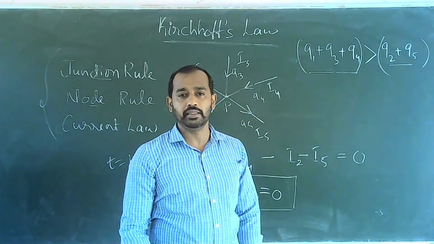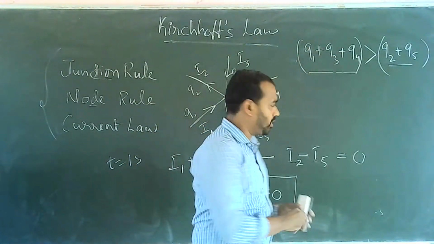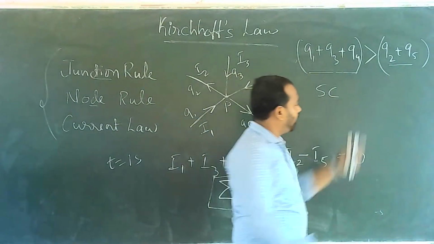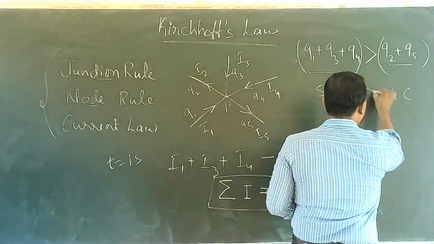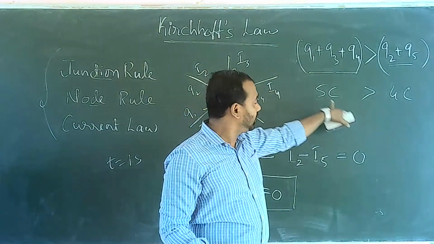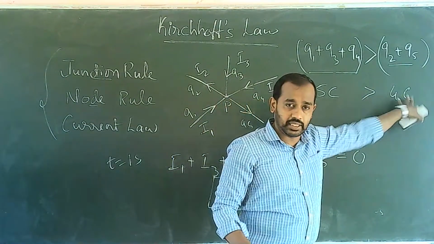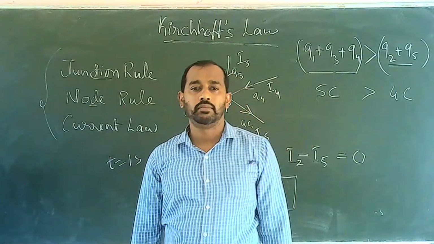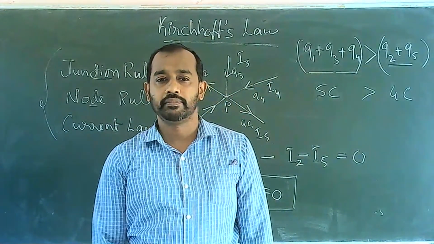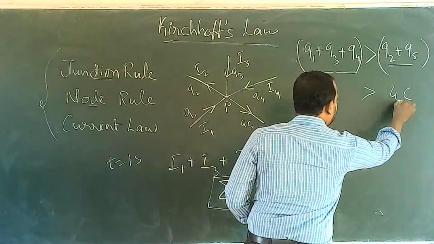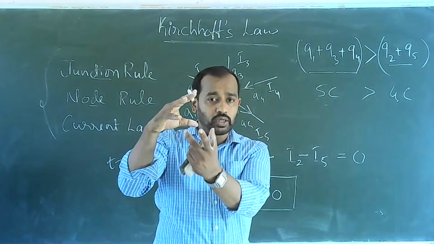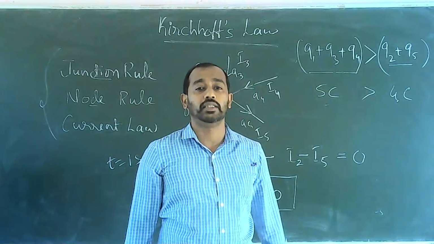Imagine that this sum is equal to 5 coulomb and the other one is equal to 4 coulomb. That means the amount of charge that enters the junction is 5 coulomb, and that leaves the junction is 4 coulomb. That means in a time interval of 1 second, of the 5 coulombs that enter the junction, only 4 coulomb out of them will leave the junction.